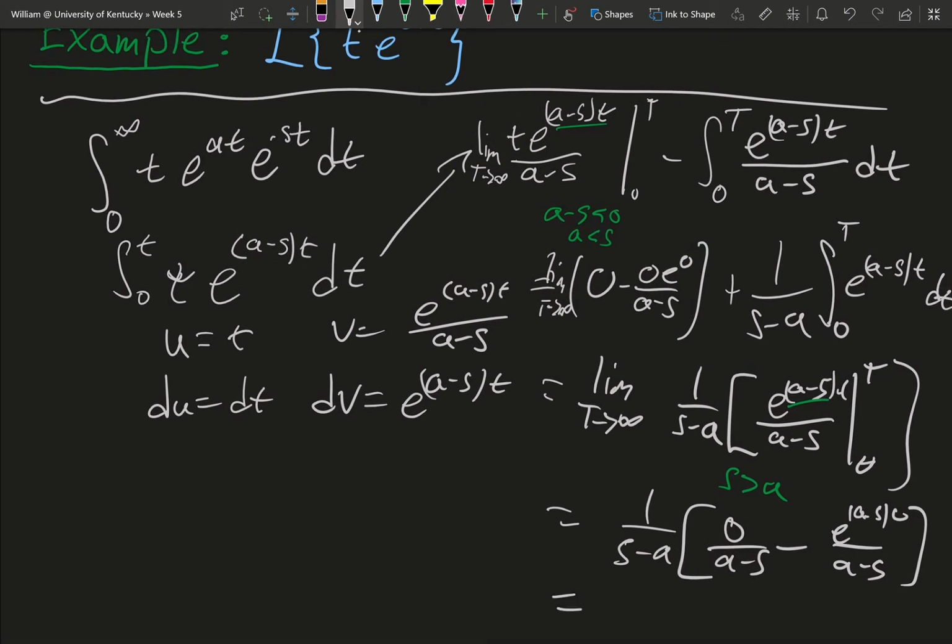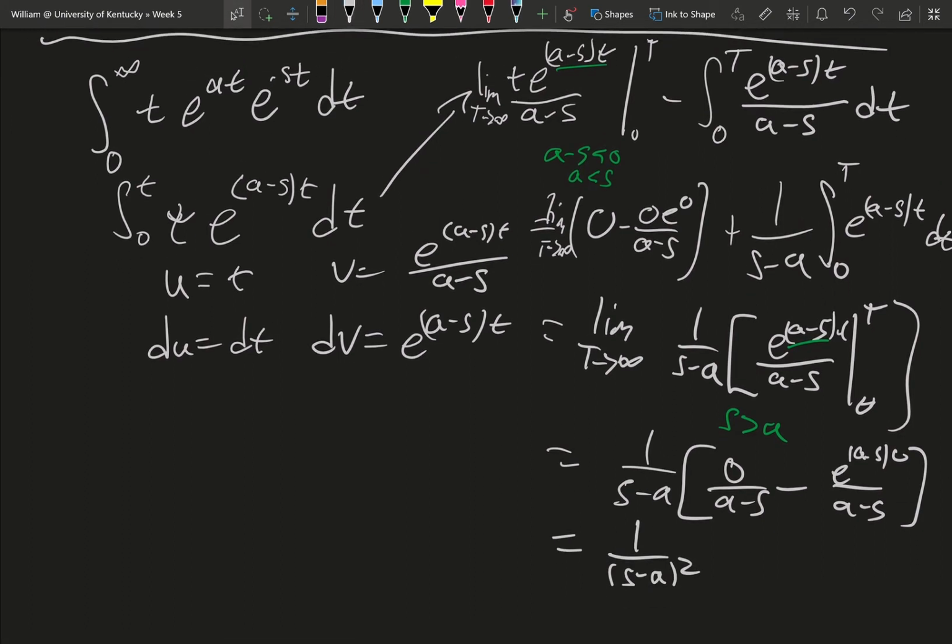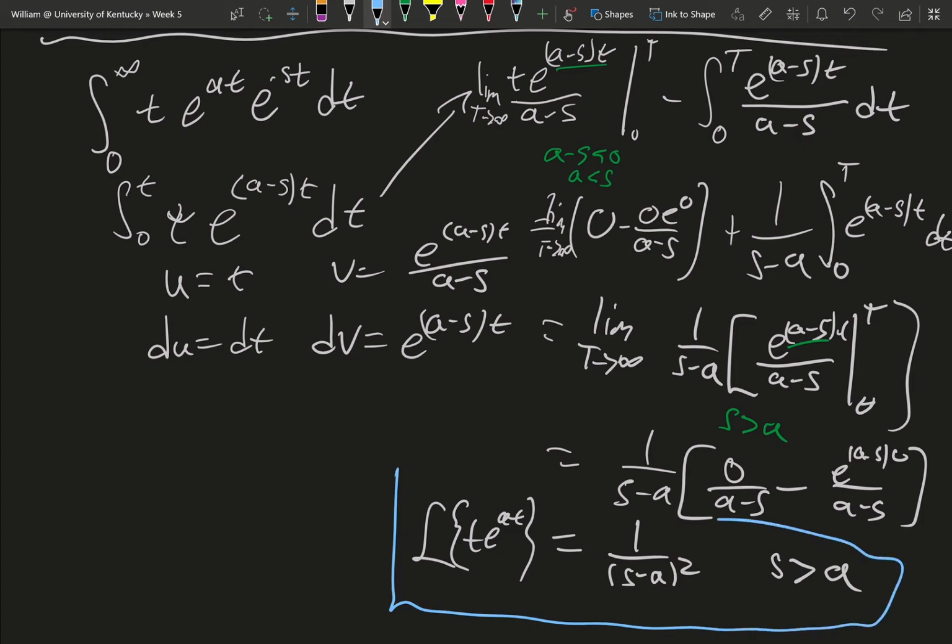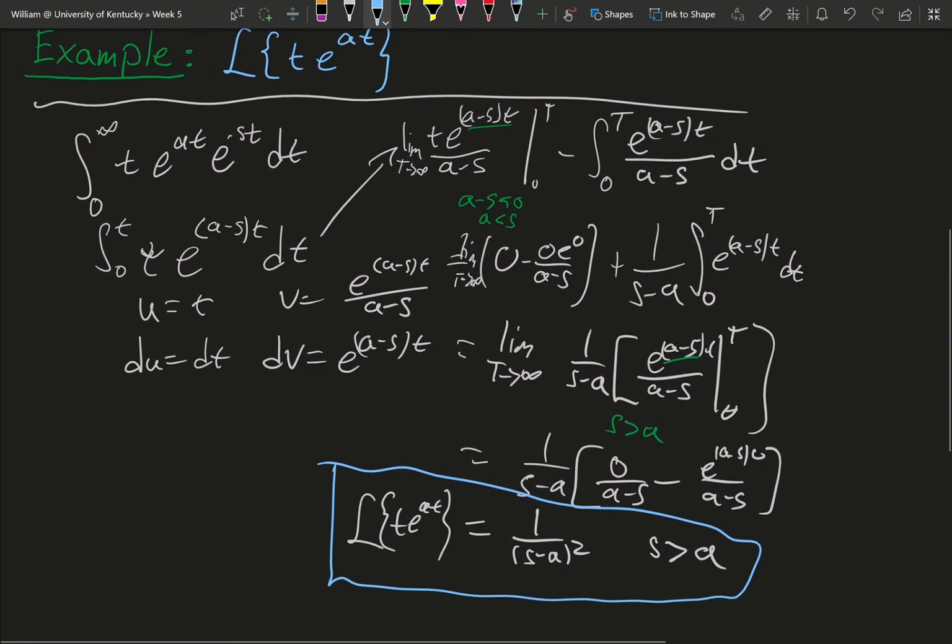And canceling that, pulling that out, we get that our final answer is 1 over (s minus a) squared for s greater than a. Okay, so there's our final answer there.